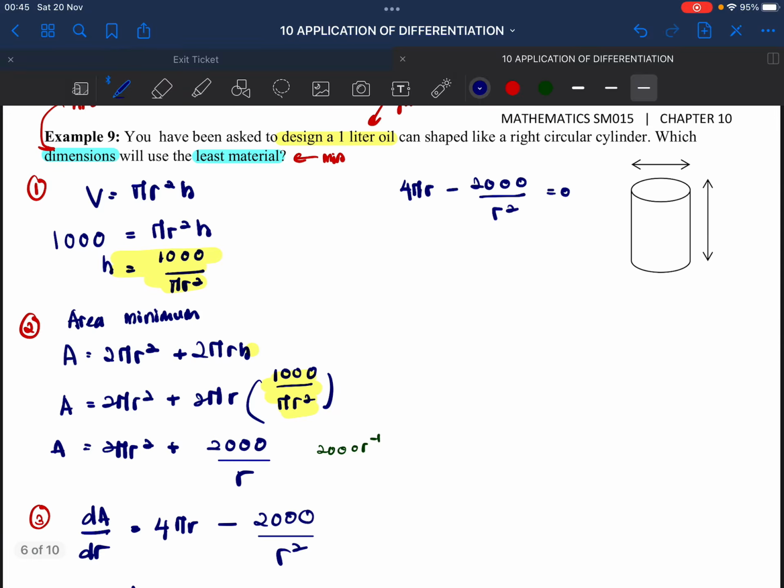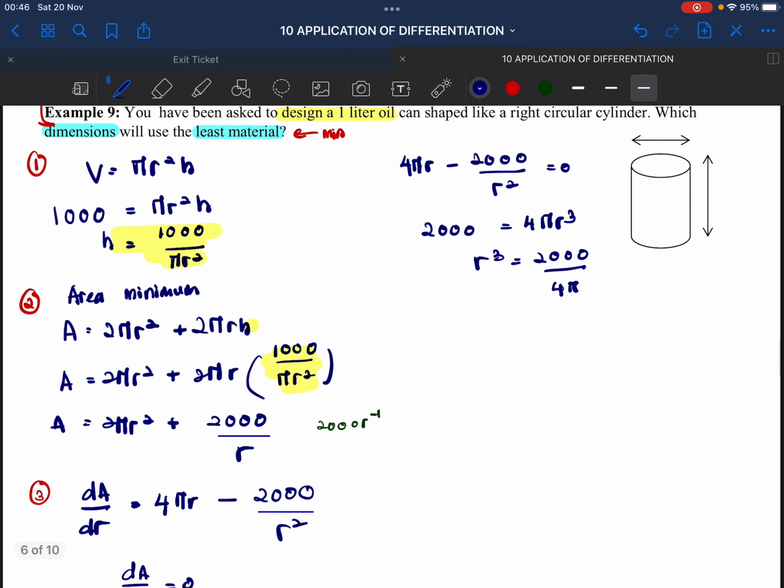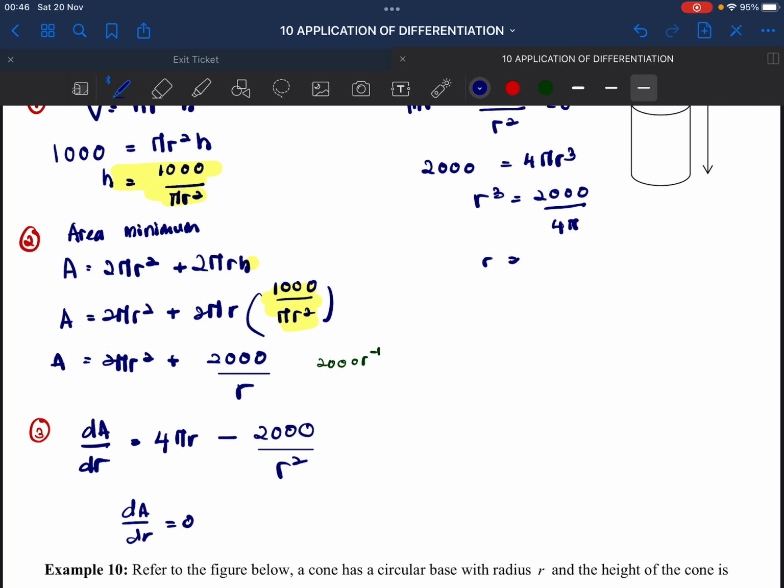If we equate the denominator here, or we can bring it to the other side as well. So here we will have 2000 equals to 4 pi r cube. So r cube is equal to 2000 over 4 pi. Okay, and then just press the calculator, cube root this one here, you will get 5.2.